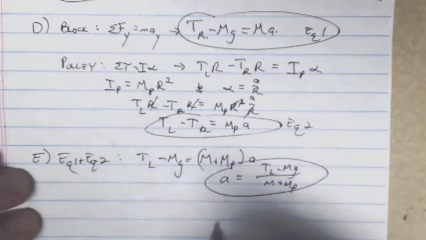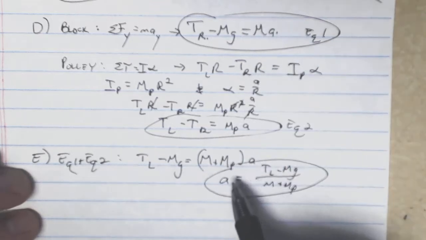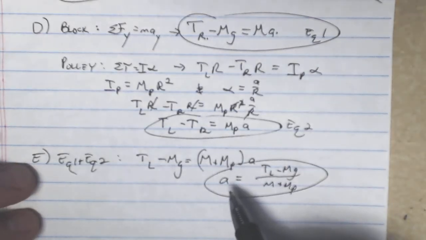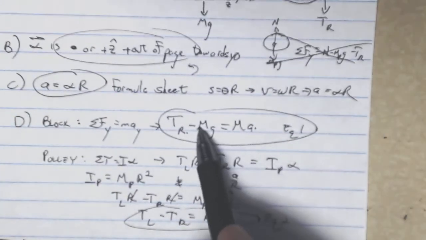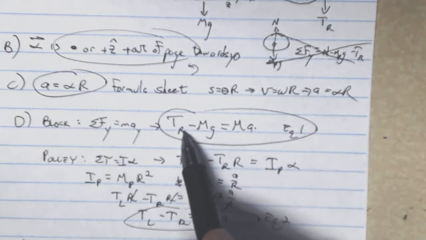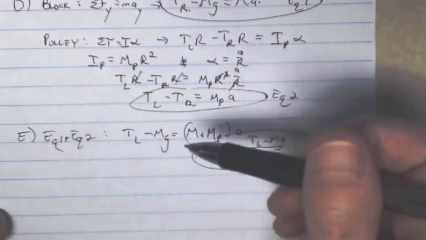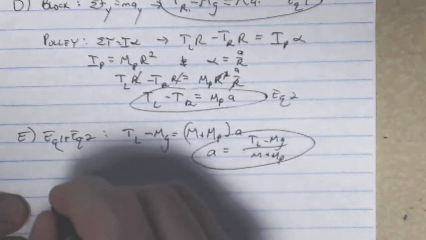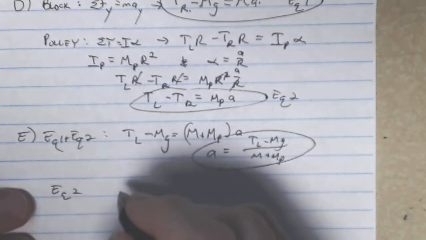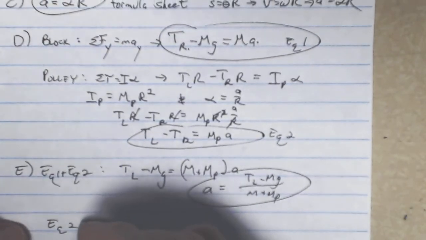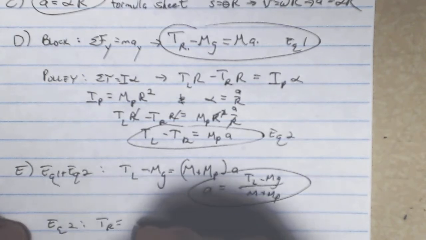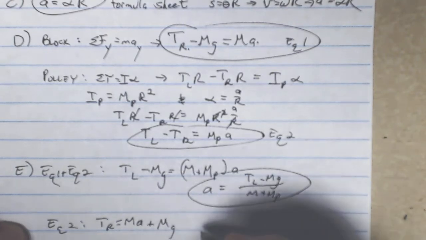Got the acceleration. Once I've got that, I look at these two equations. I can substitute into either one, but the one I'd like to substitute into is this one because that's simpler. I can write this for TR pretty easily. So equation 1 can be rewritten as TR equals m times a plus mg.